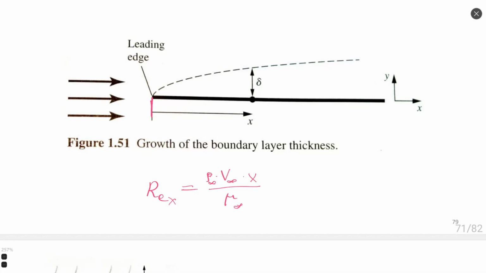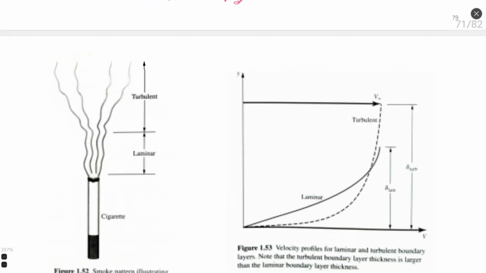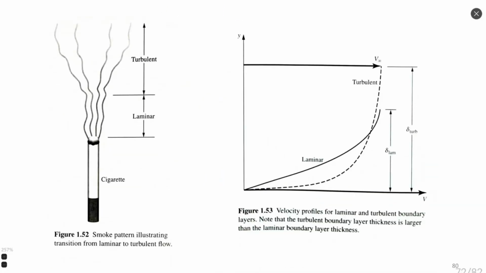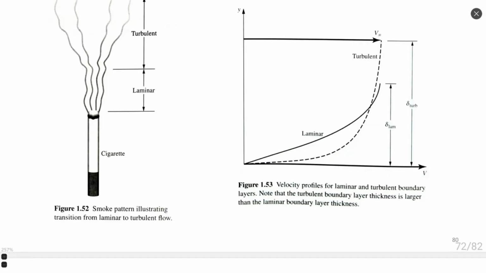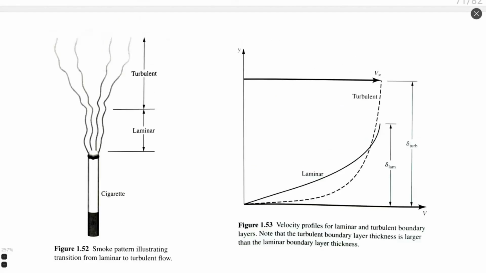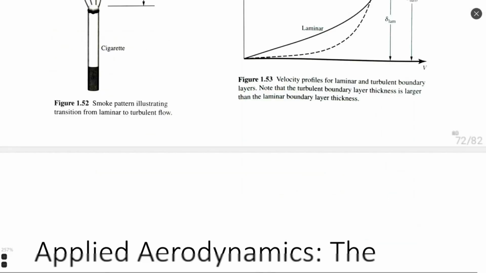And depending on this Reynolds number, we first have small values at small coordinates corresponding to laminar flow, and then with increasing Reynolds number, it makes a transition to turbulent flow. Laminar flow has a boundary layer thickness smaller than turbulent. About values of this thickness, we will speak very soon, so don't worry.